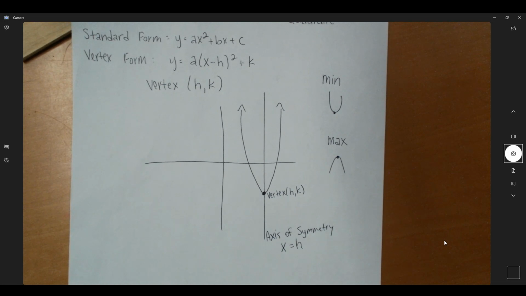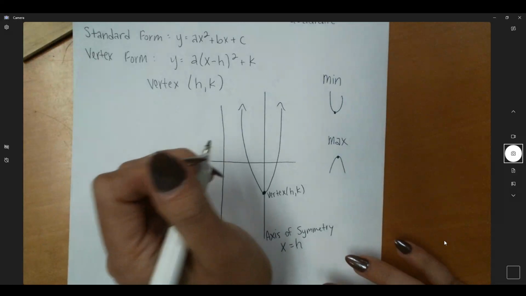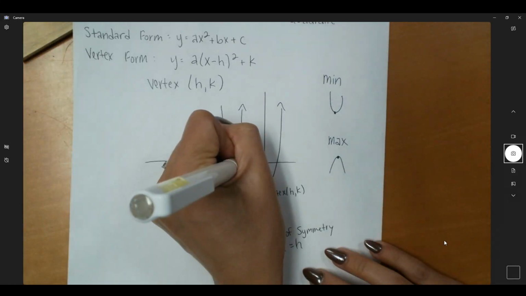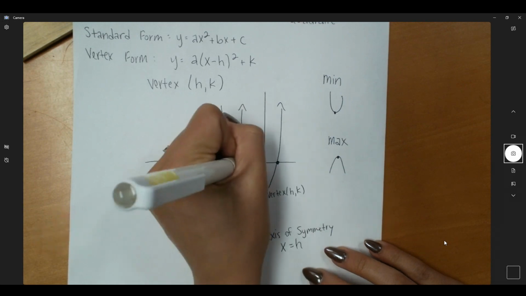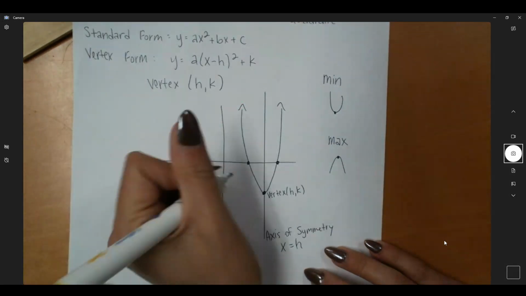Okay, and then we have our zeros, and they have like 4 different names. It's your x-intercepts, your zeros, your solutions, and your roots. They all mean the same thing, but it's important that you know the verbiage. So it's where your parabola goes through the x-axis.